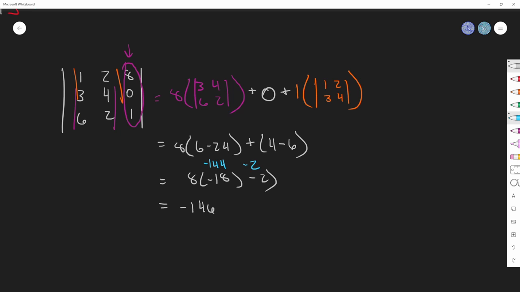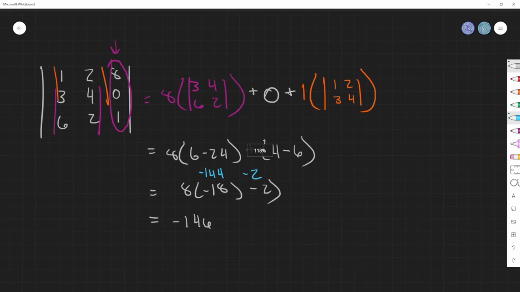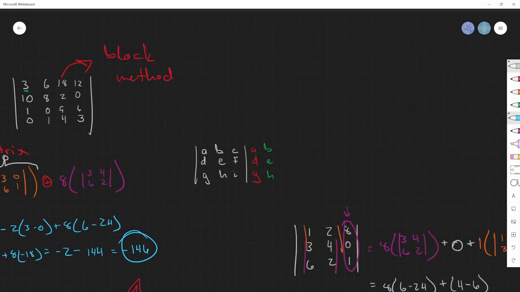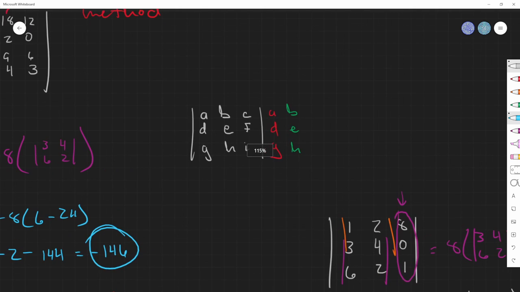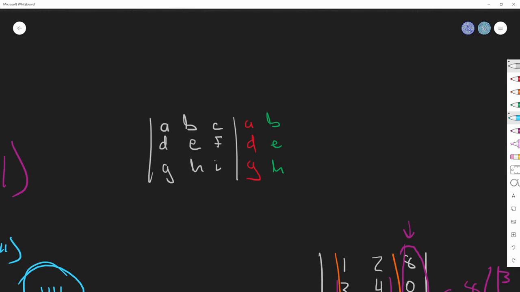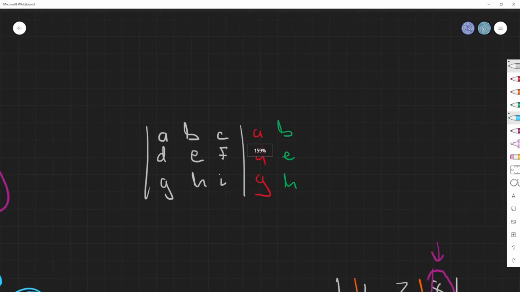Let's say one of the rows consists of 3 zeros; we could just use that row, and we'd only have to take the determinant of 2 4 by 4 matrices, and hopefully that becomes much easier, or more specifically, less work than what you usually have to do. Before we get into the last example, I'm just going to do a quick overview of the expansion method.